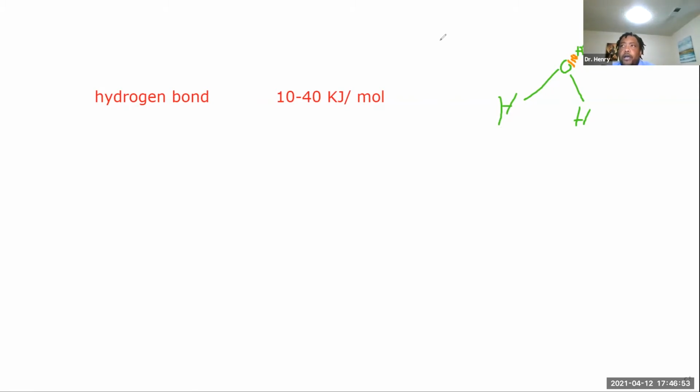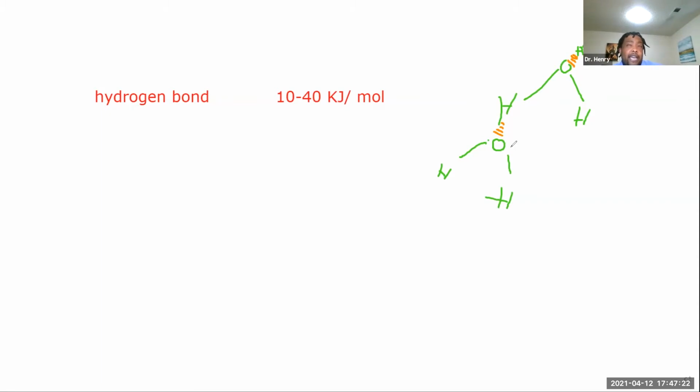So we have this going on continuously throughout all of the water molecules. This partial positive charge is going to be interacting with this partial negative charge.